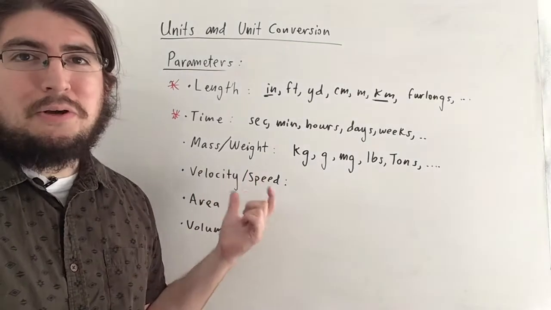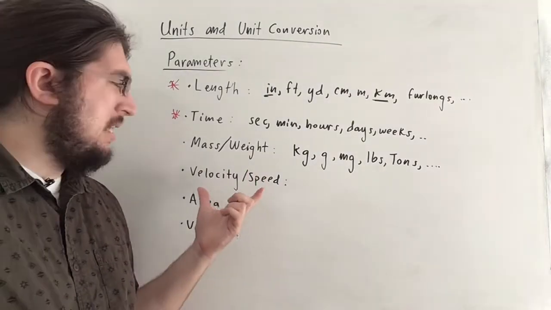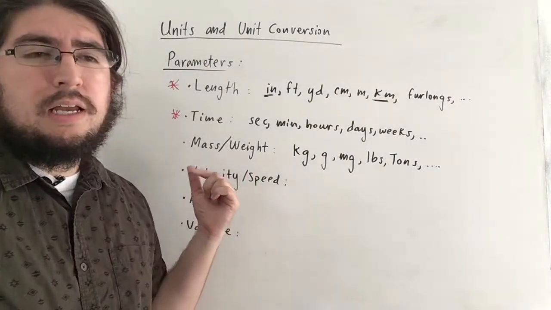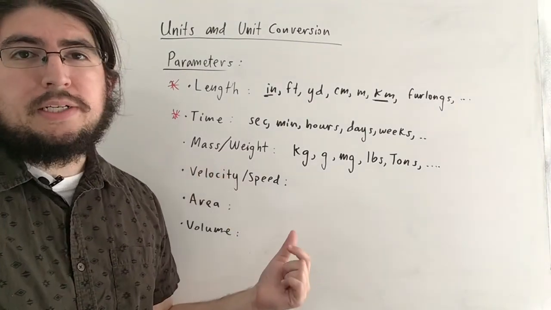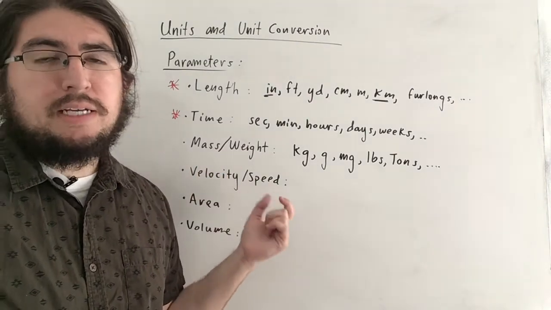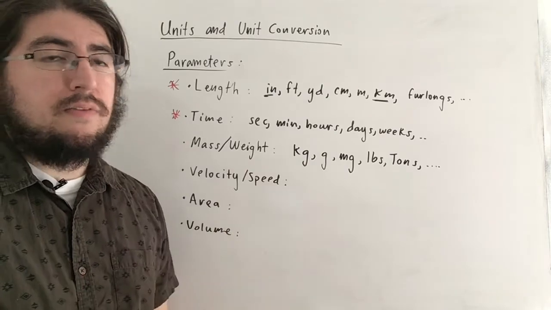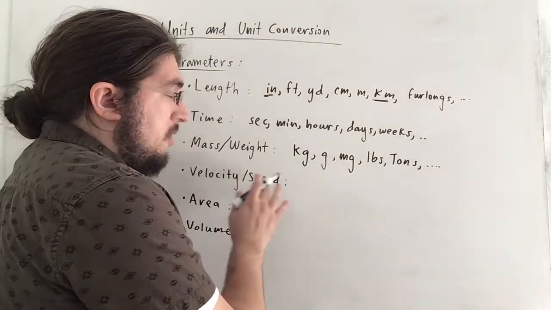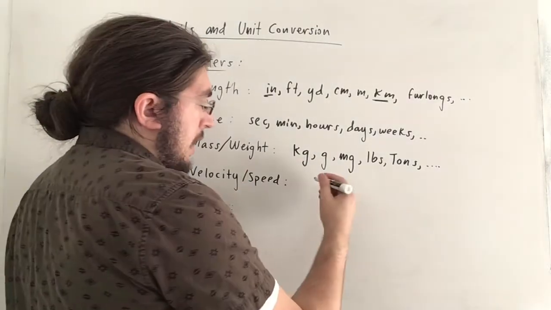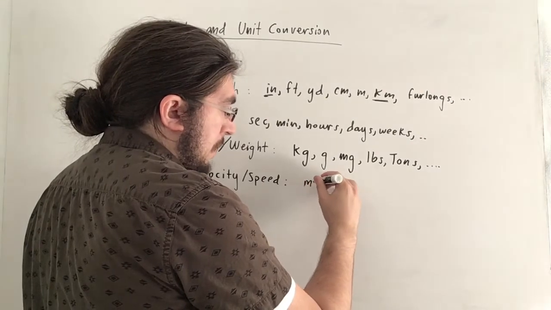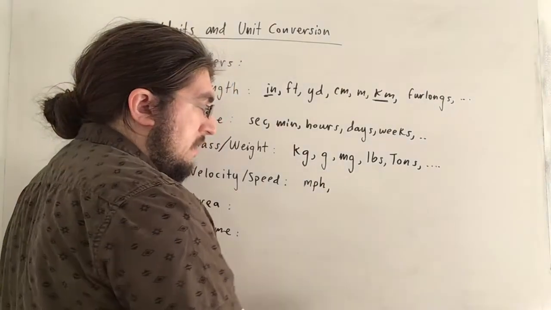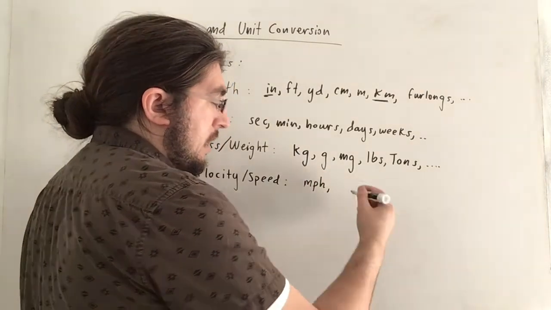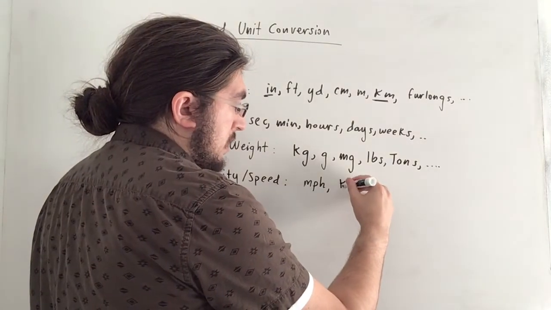Velocity and speed also are kind of different. But here I can say that velocity really is just speed, but with a direction. So velocity could be negative or positive, but speed is just the absolute value of that. But as far as unit goes, they have the same unit. Think of miles per hour, the one most people think of. Or in the metric system, it's kilometers per hour.